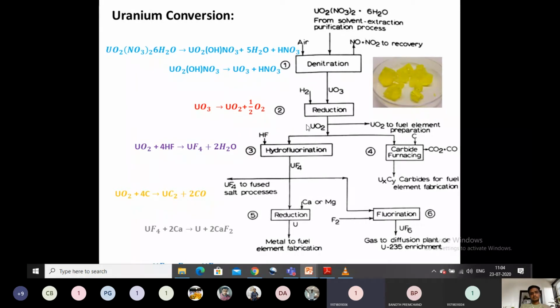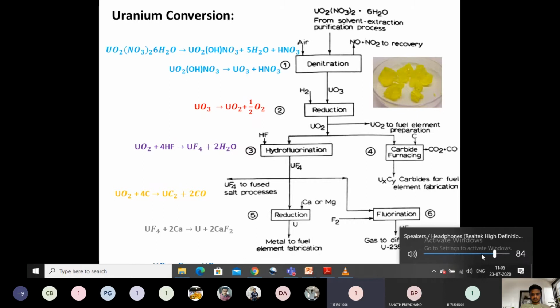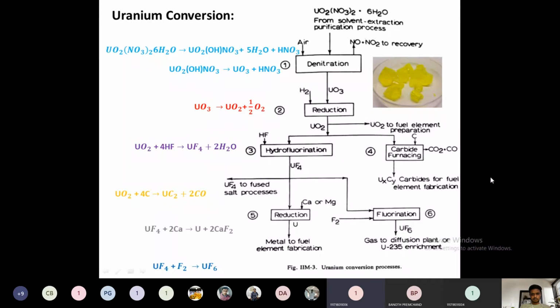In this process, uranyl nitrate hexahydrate, which is taken from the solvent extraction purification process, is sent to the denitration process for separating NO and NO2 from HNO3, and then uranium trioxide is sent to the reduction process. In that, UO2, which is taken for fuel element preparation, undergoes two different reactions: hydrofluorination and carbide furnace.